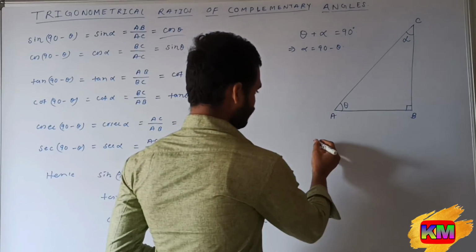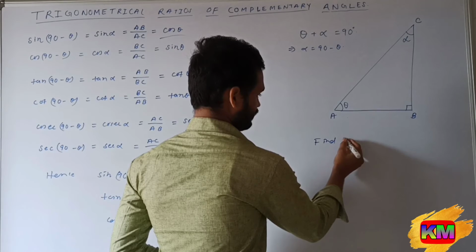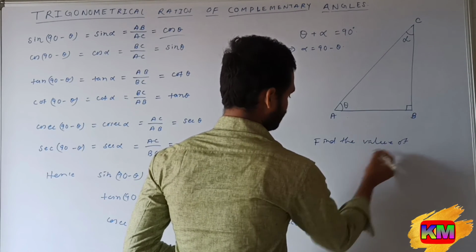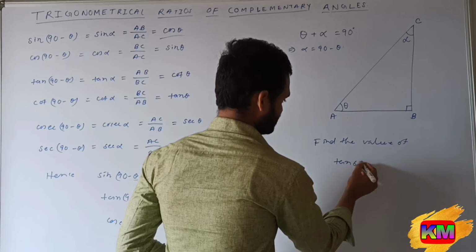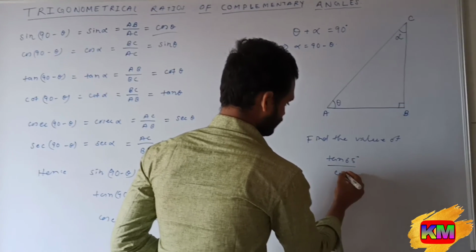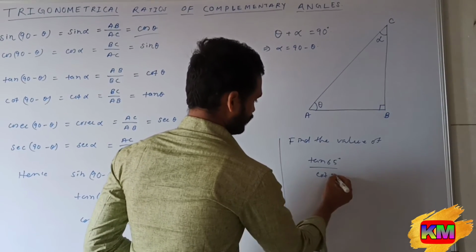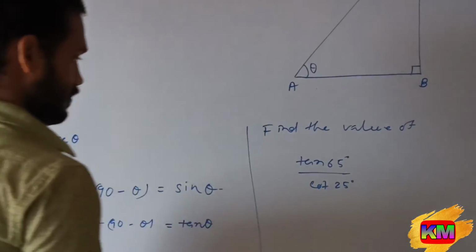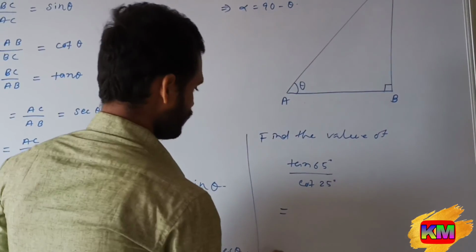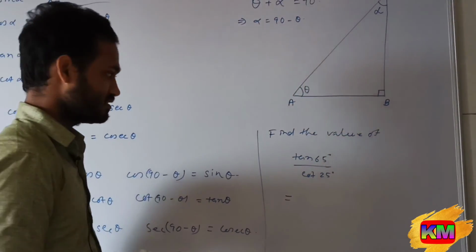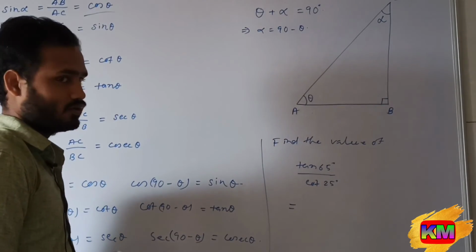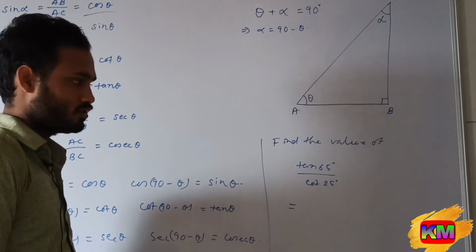For example, we have to find the value of tan 65 degrees divided by cot 25 degrees. So we know that cot 90 degrees minus theta equals tan theta, or tan 90 degrees minus theta equals cot theta.